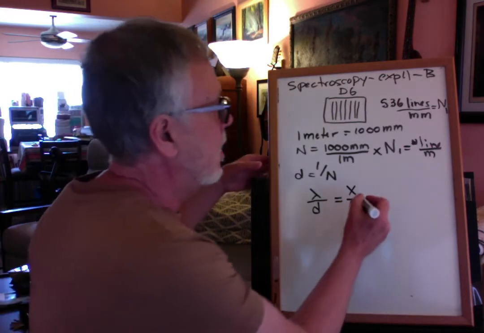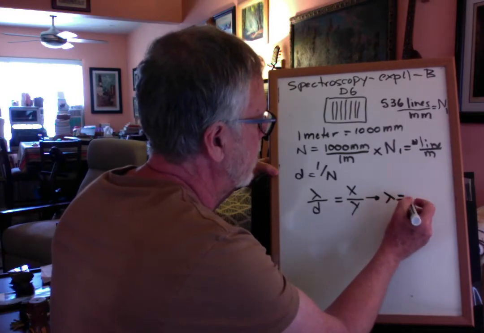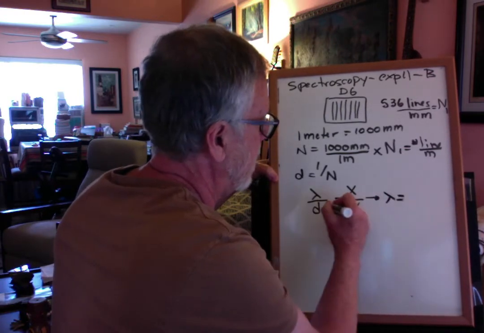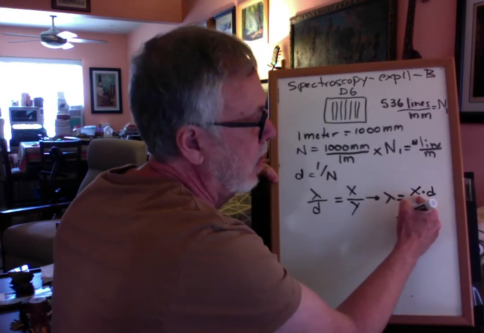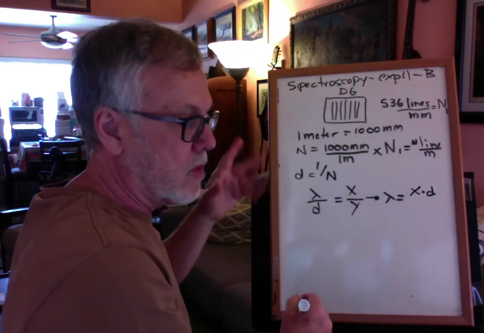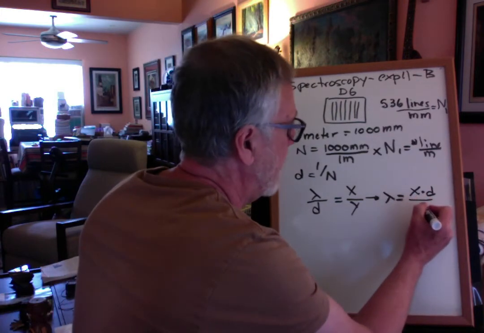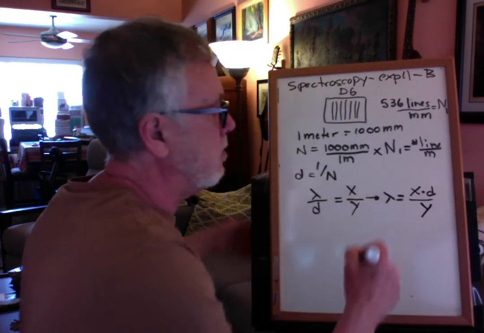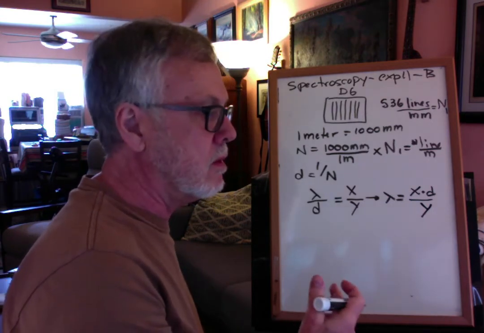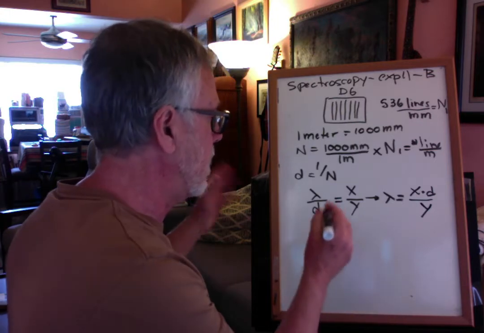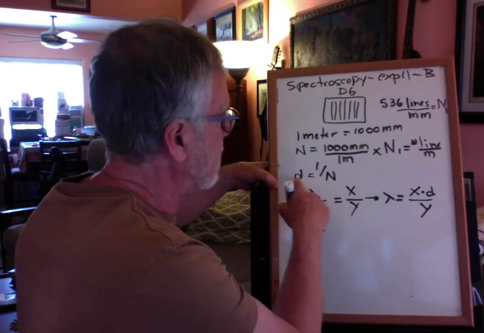So in other words, this tells me I can calculate the wavelength. Wavelength is simply equal to, again, x times the distance d, that's the average value of your distance x along the small ruler of any particular spectral line, divided by y, which you have already measured. All this data is given to you. And so that's how you would do this. Now the actual pragmatic way to do this is this. Lambda, remember that d is just 1 over n.